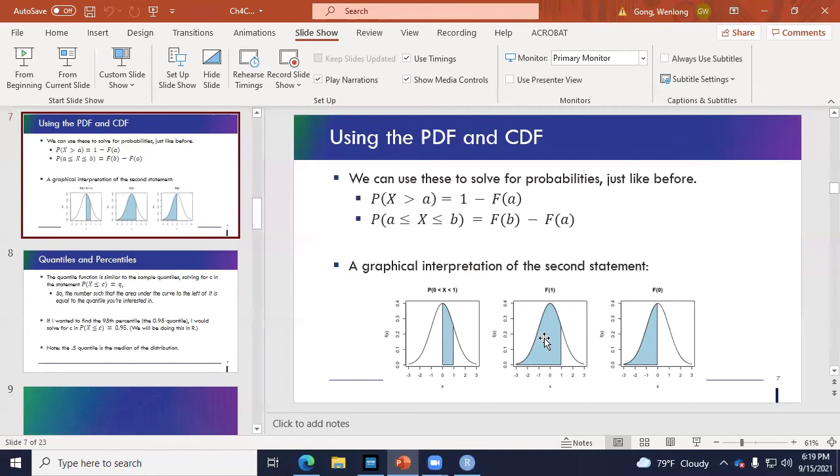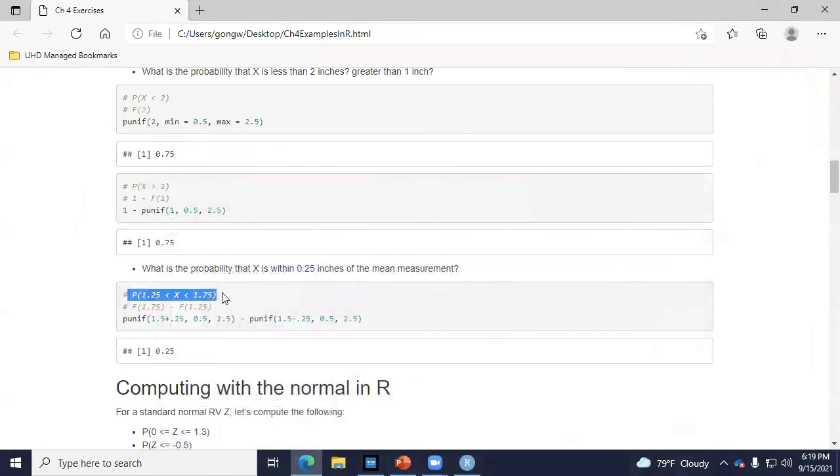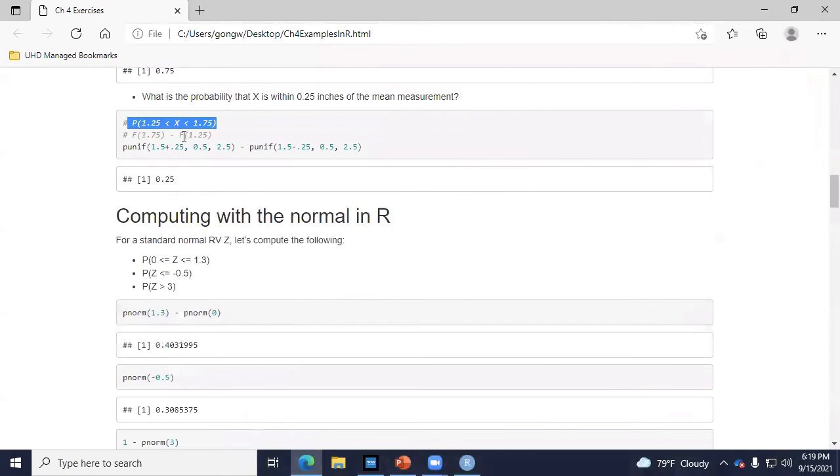So you take the furthermost one, which is this B, get the whole area on its left, and then minus the area on the left of this smaller value. In that way, you get the area in between. The important thing is that F is always the area on the left. So this is how you do the calculation with R.